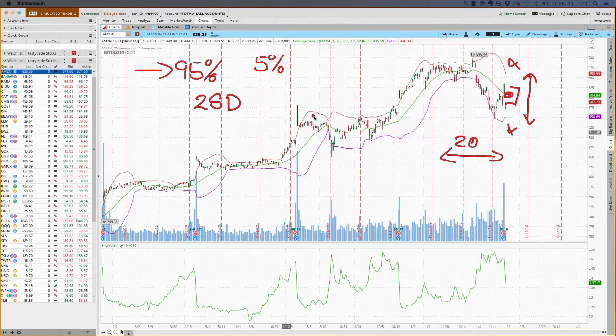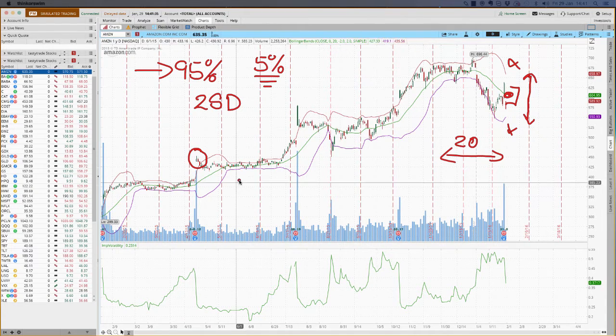And it allows us a quick way to make an assessment as to whether this is something that we want to be looking at in more detail today, or should we come back on another day and wait for a better opportunity. Looking back through history, visually we can see that there was an opportunity here where price was outside of the Bollinger Band, and that's that 5% of the time that price spends outside the Bollinger Band.